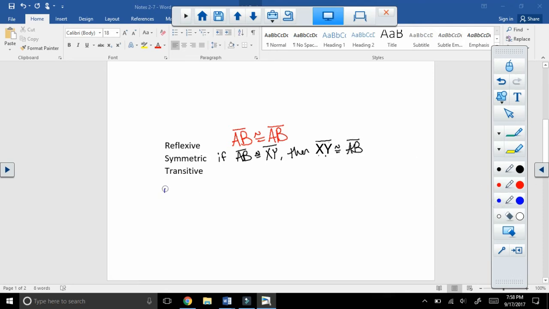And the transitive property might say something like if segment AB is congruent to segment ST, and someplace you know that segment ST is congruent to segment YZ. So if you had those as 2 steps in your proof, then you could say that segment AB is congruent to segment YZ. And just another example of the reflexive, symmetric, and transitive. Transitive is going to be the one that we see the most.